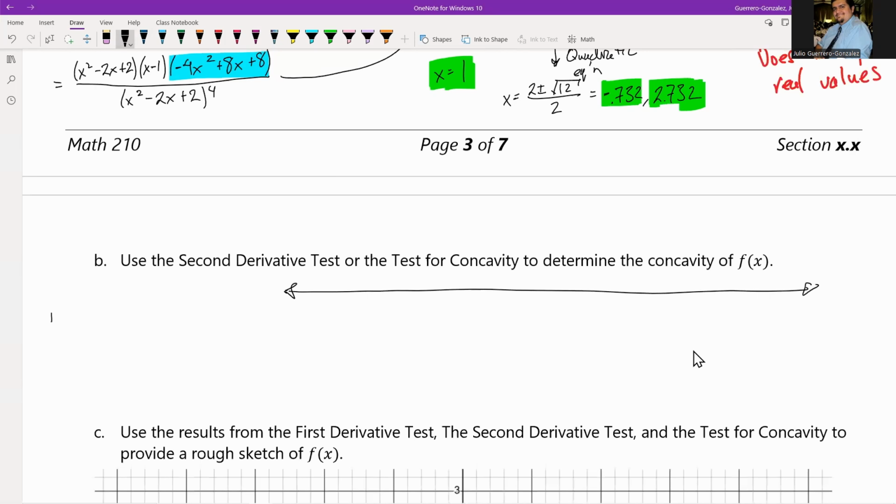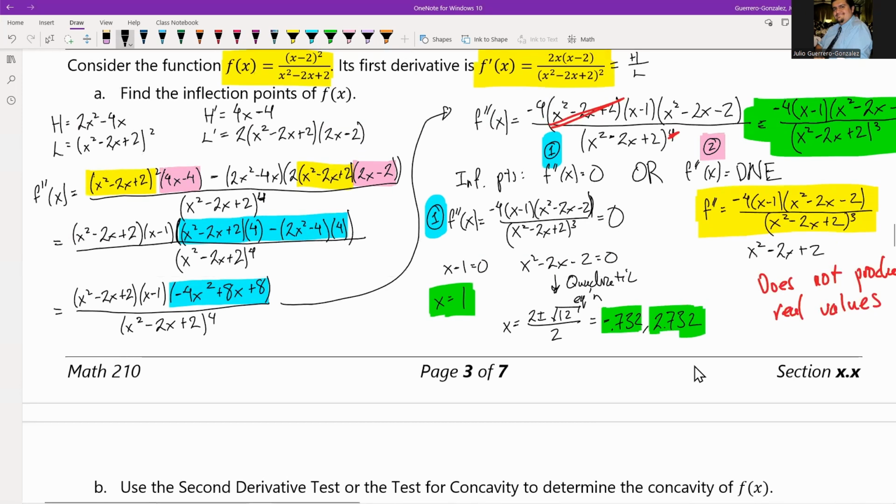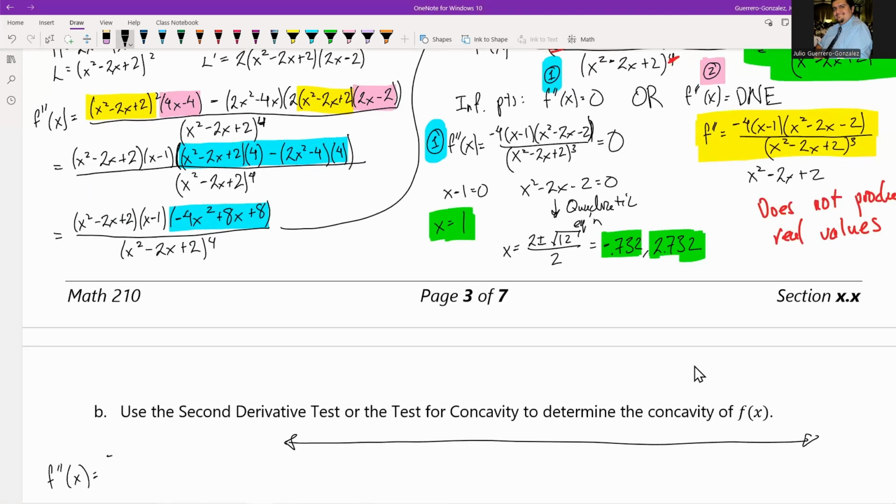Okay, I'm going to do f double prime because I really care about f double prime this time, right? What was f double prime? There we go. Minus 4 times x minus 1, x squared minus 2x minus 2 all over x squared minus 2x plus 2 cubed.